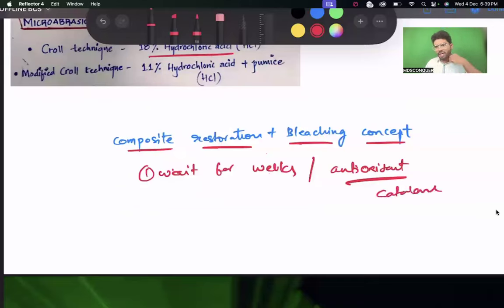Any antioxidant, even vitamins, can be used, but preferably catalase, for 3 to 5 minutes, after which you will have removed that oxidizing environment, and then you can go for a composite restoration. So composite restoration cannot be performed immediately in bleached teeth, because it is going to hinder the bonding properties. Either you wait for a week, or you apply an antioxidant, catalase preferably, and you can go for the bonding. Clear?